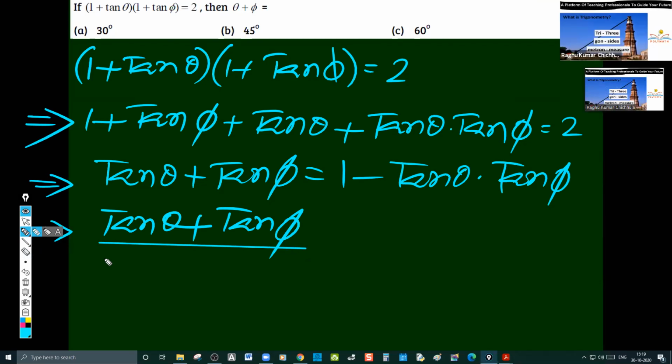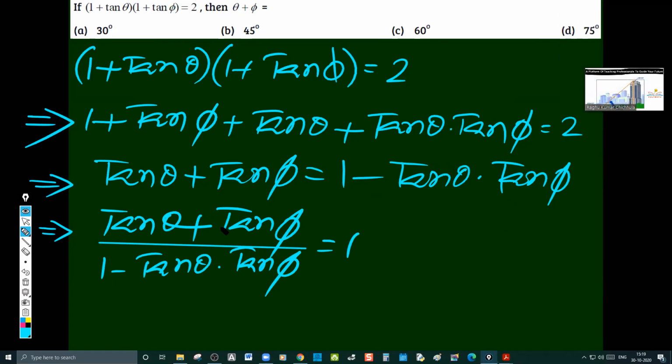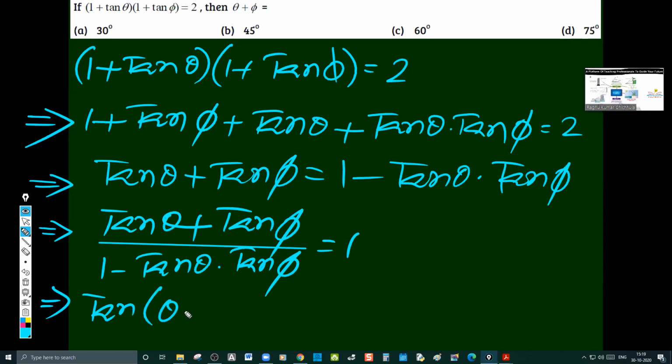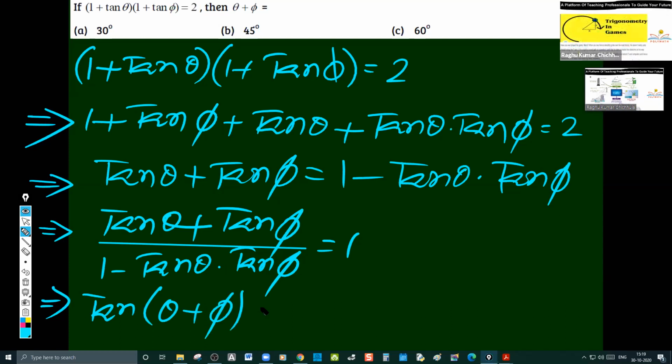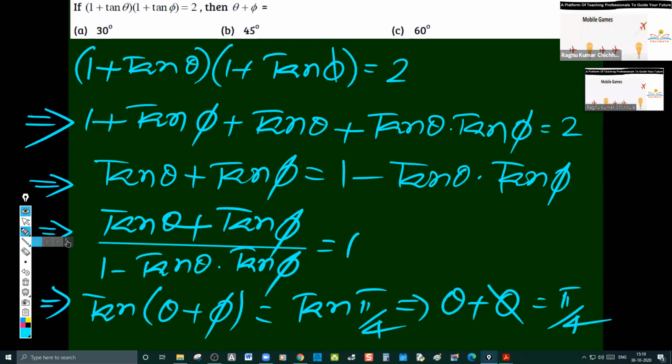Is equal to what? 1. This is shifted to the RHS in the denominator. Now, what is the form of the formula here? Tan of A plus B. Tan of theta plus phi is equal to 1. 1 means tan pi by 4, that's 45 degrees. That is the answer, please.